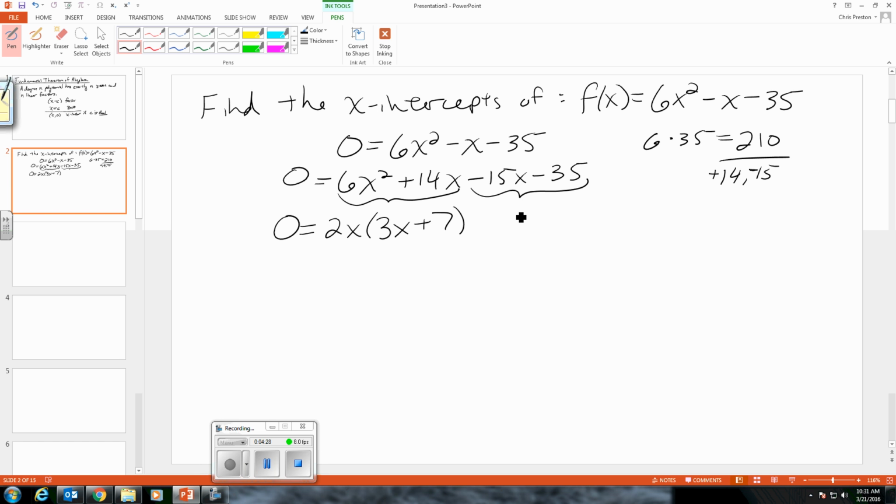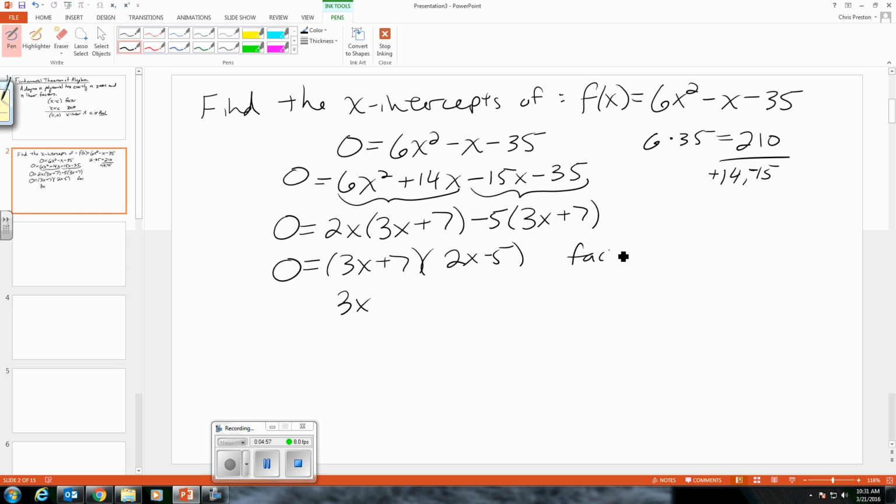Whenever you do grouping, you have to get the same exact parentheses, 3x plus 7, which means negative 15x divided by positive 3x means this has to be a negative 5. Negative 5 times 3 is negative 15, and negative 5 times 7 is negative 35. Okay, so that works. The common factor is 3x plus 7, and you get 2x minus 5 as the other factor. Set each of these equal to 0.